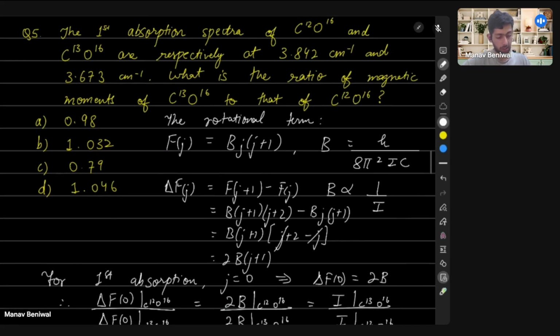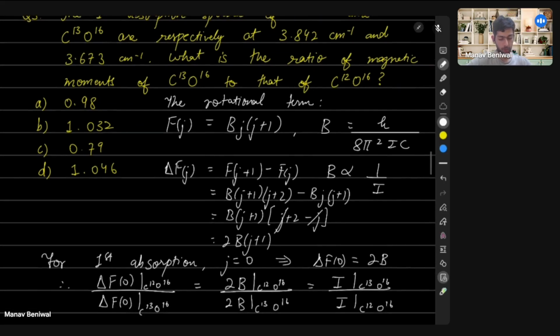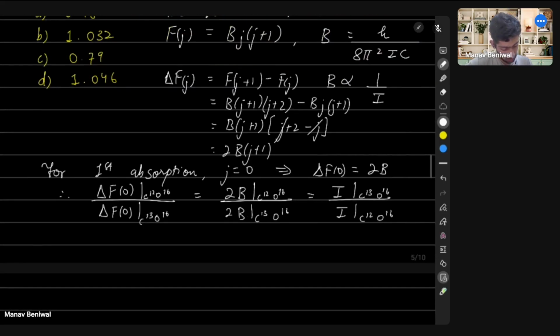Now these rotational terms are given to us, so they are 3.842 and 3.673. So we will get 3.842 over 3.673. Let me write this as 13 and 12 for C13 and C12 respectively.